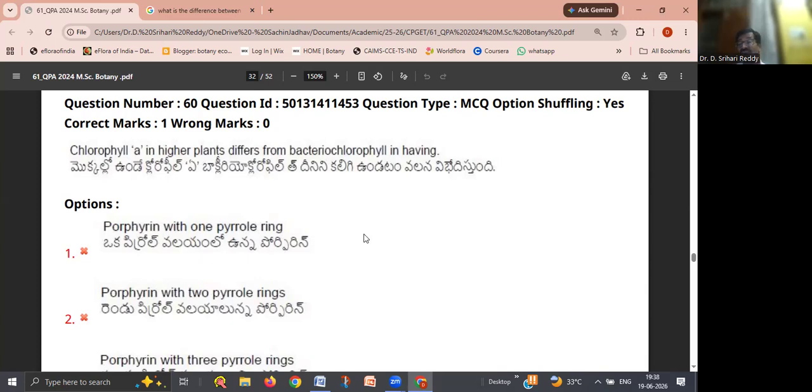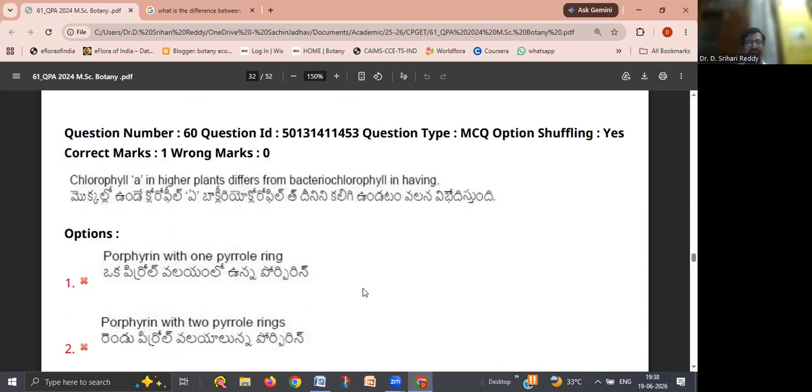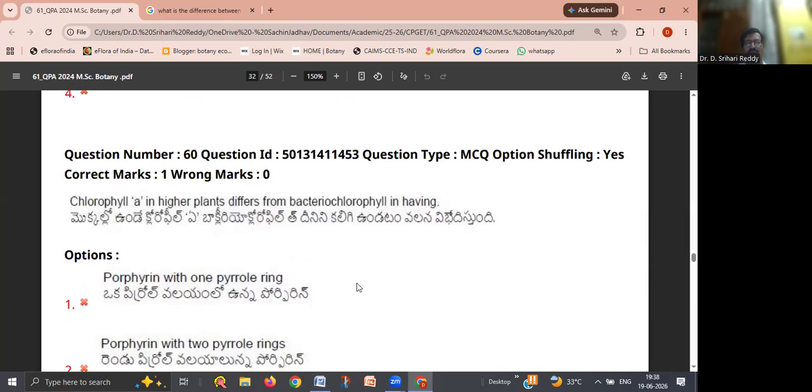And what is the formula of chlorophyll A? C55H72O5N4Mg. So what is the main difference here? See, porphyrin with one pyrrole ring, porphyrin with two pyrrole rings, porphyrin with three pyrrole rings, porphyrin with four pyrrole rings. Actually, here the question is not properly asked, because chlorophyll A has porphyrin with four pyrrole rings.